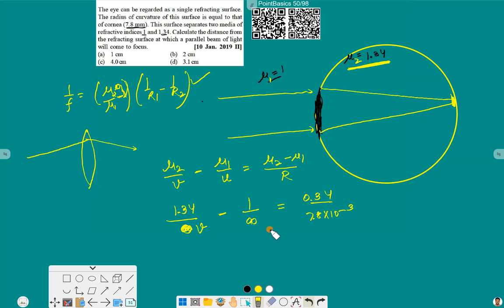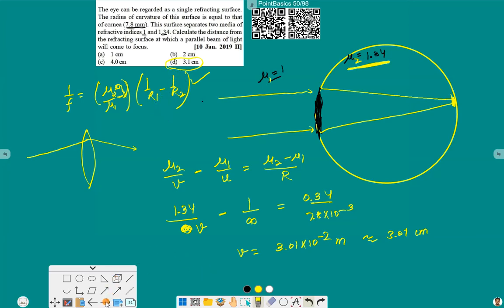So when we solve this, we will get v is equal to 3.01 into 10 raised to power minus 2 meter, and that is basically 3.01 centimeter, and that matches with here. The nearest match will be option D. So option D is the right answer for this one.